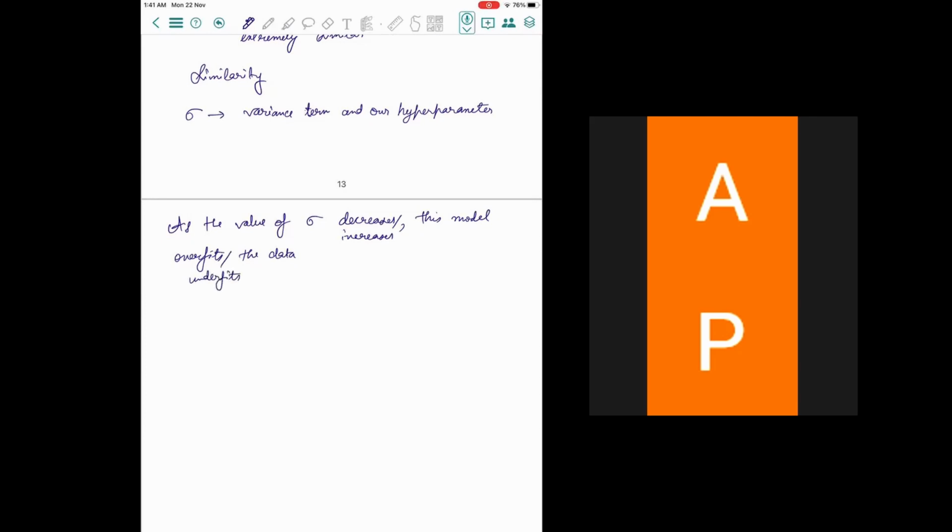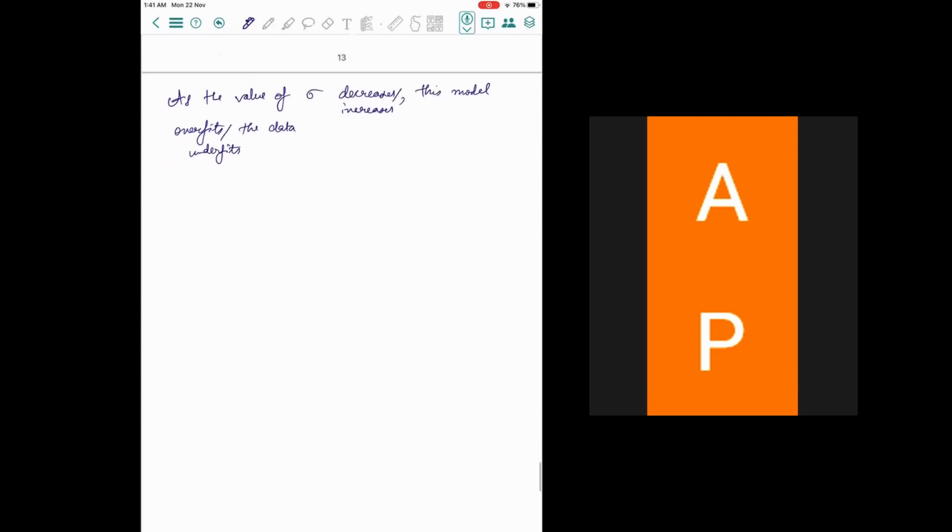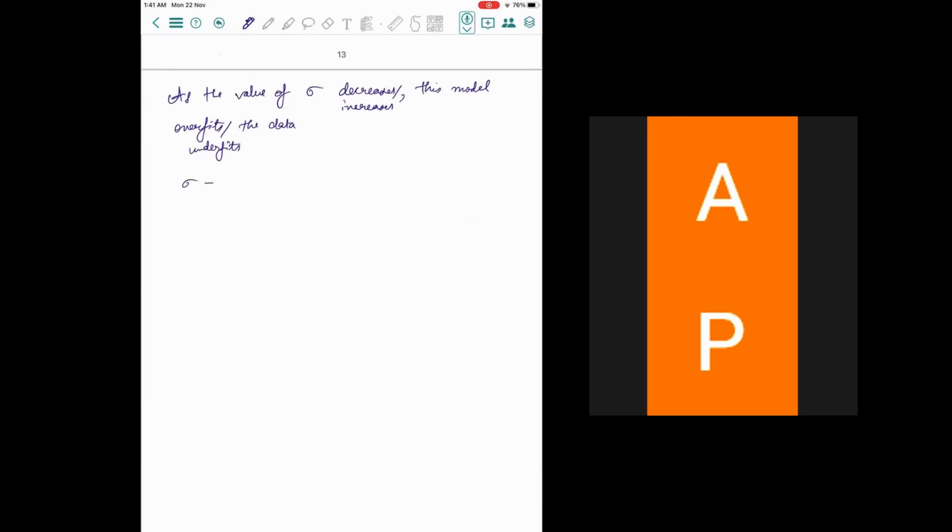This can be seen from these examples. Say sigma is 0.1, then our kernel function will be exponential of minus d12 square by 0.01. The graph will look something like this.